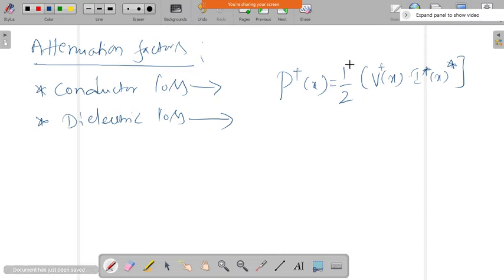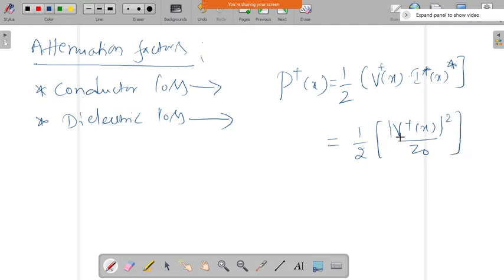This is how we can find out the power. Or we can write this as half into, taking only the magnitude terms, V plus of x whole square divided by z naught. So that gives the magnitude of this power in the forward direction.